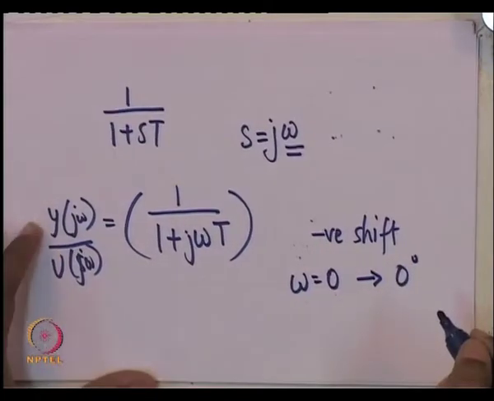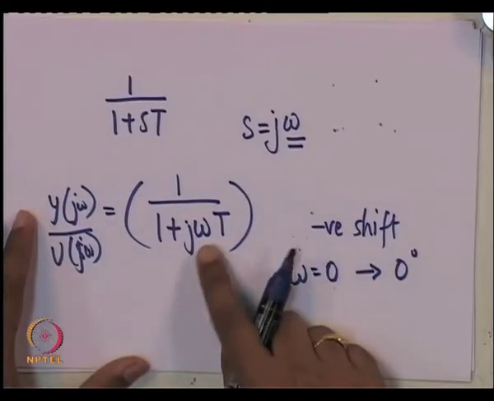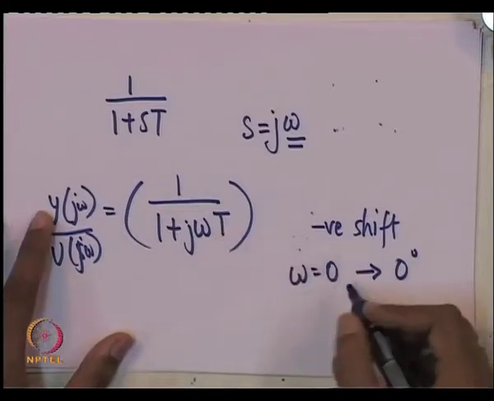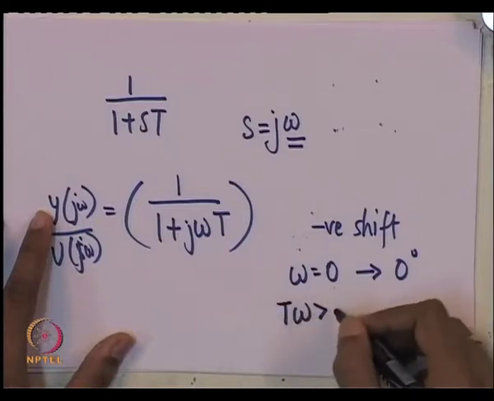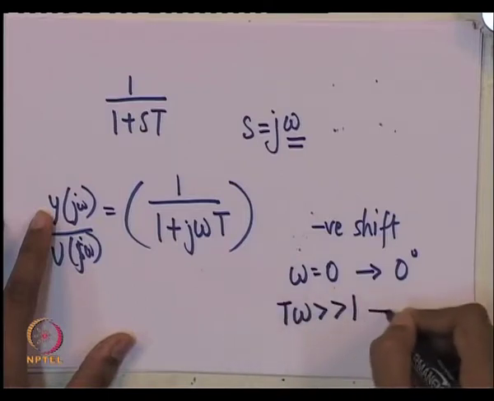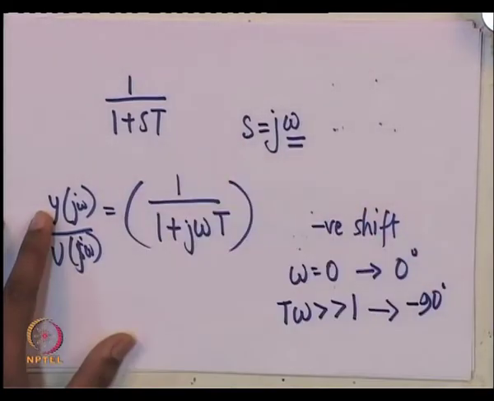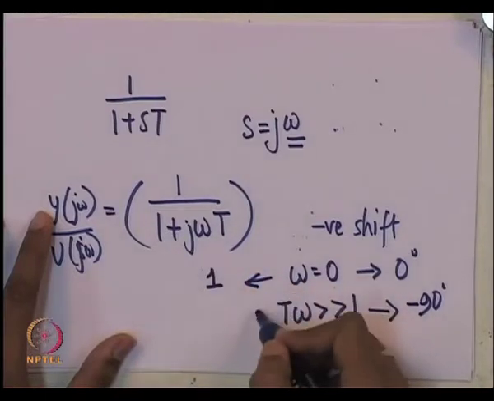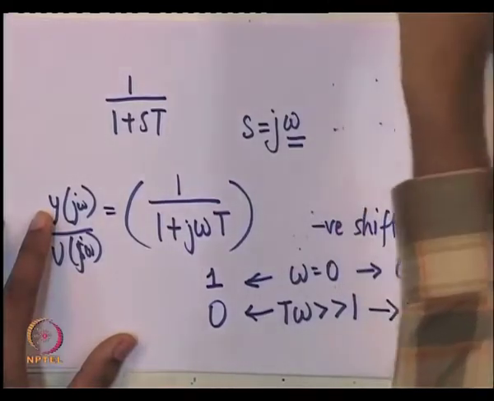At ω tending to a very large value, a large value in this context means that ωτ is much greater than 1, you will find that the phase shift of this transfer function is minus 90 degrees. Similarly, at ω equal to 0, the gain is 1, but the high frequency gain is 0, which correlates well with the step response.